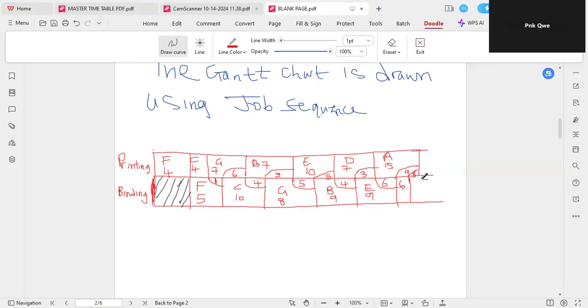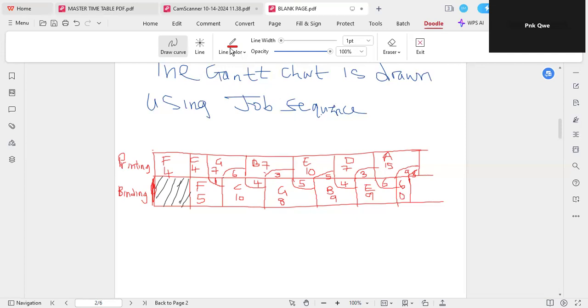So they have finished actually. F is fully complete, C is fully complete, G is fully complete, B is fully complete, E is fully complete, D is fully complete.